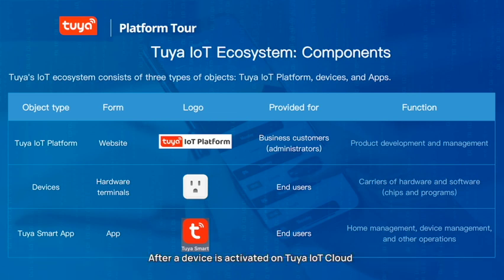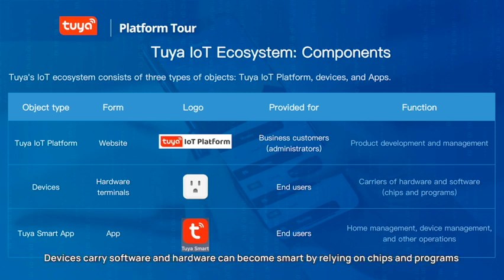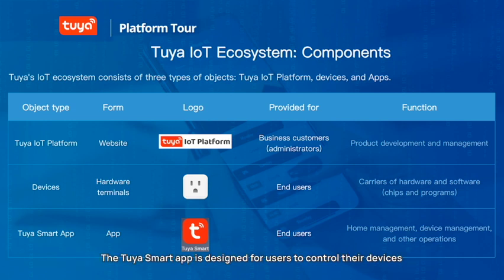After a device is activated on Tuya IoT Cloud, all data of the device is stored on Tuya IoT platform. Devices carrying software and hardware can become smart by relying on chips and programs. The Tuya Smart app is designed for users to control their devices. In the app, users can create and manage families, view device lists, and control devices, as shown in the previous video.